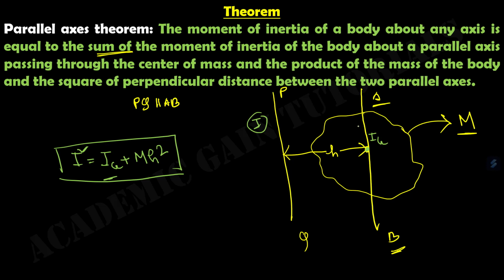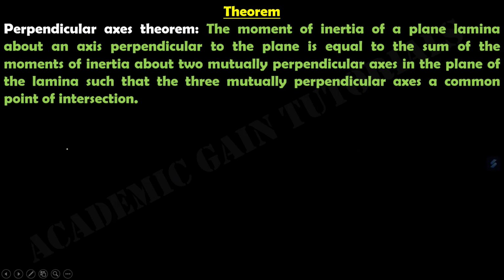When this AB axis goes through the center of mass, what will be the moment of inertia about AB? It is I of G. So it is the sum of this I of G and the total mass times the square of the distance between the parallel axes. This is equal to the moment of inertia. So this is the parallel axis theorem.